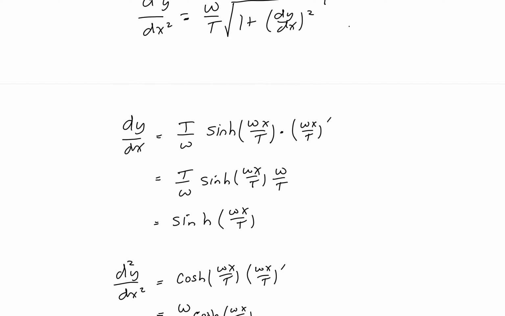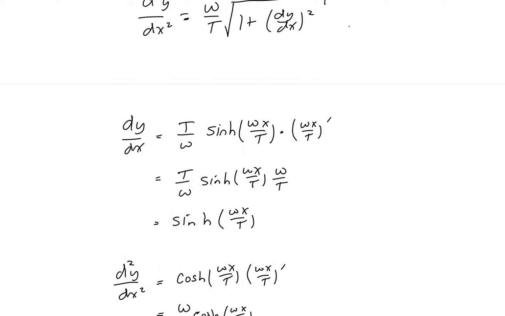So now let's go up to this equation and compute the right-hand side and see that we end up with the left-hand side. So I want w over T times the square root of 1 plus (dy/dx) squared. Now remember the dy/dx is hyperbolic sine here, so this is sinh squared of wx/T.